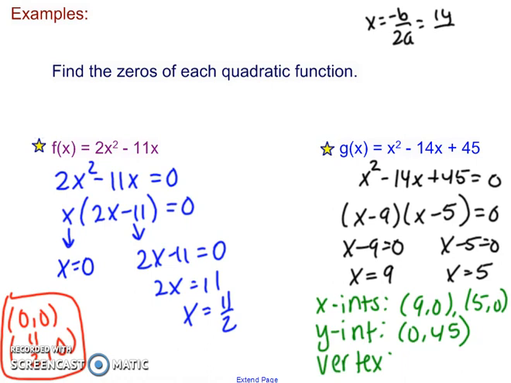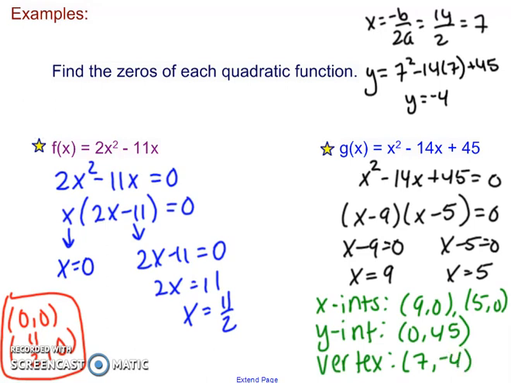So 14 over 2 is 7. And then how do you find the y once you have the x? We plug it back in. So 7 squared minus 14 times 7 plus 45. So we'll get y equals negative 4. So my vertex is (7, negative 4).